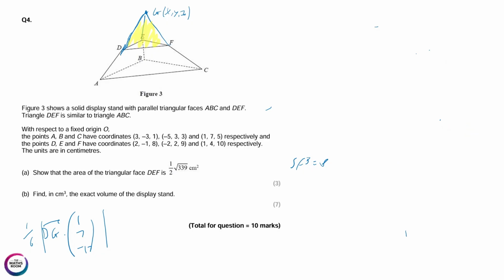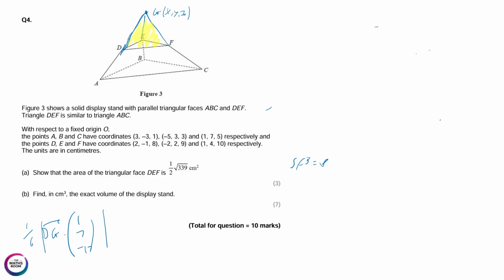Right, so I need to find point G. Basically G lies on the line. Think of AD extended, so they're on the same straight line. So I can find the equation of the line AD, and G must be on that line. I've got the parallel vector AD, so the line ADG effectively.